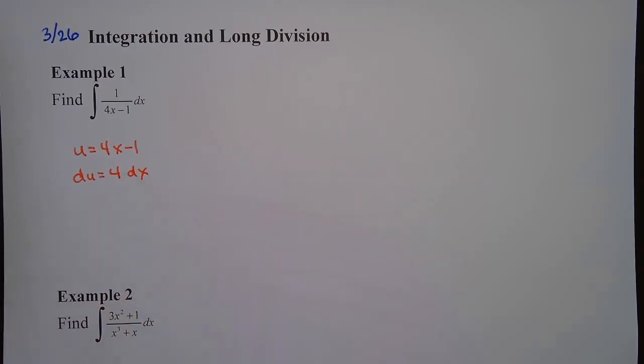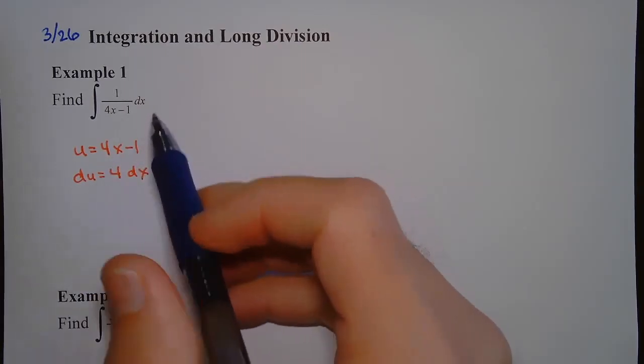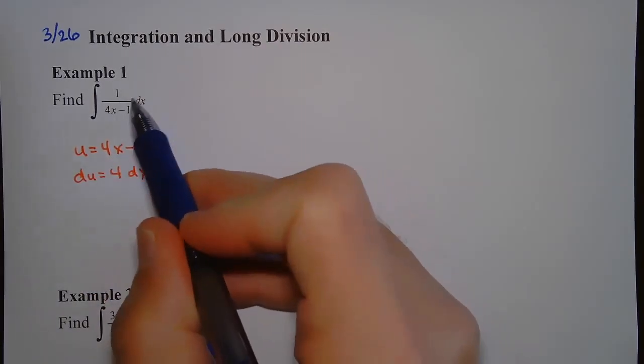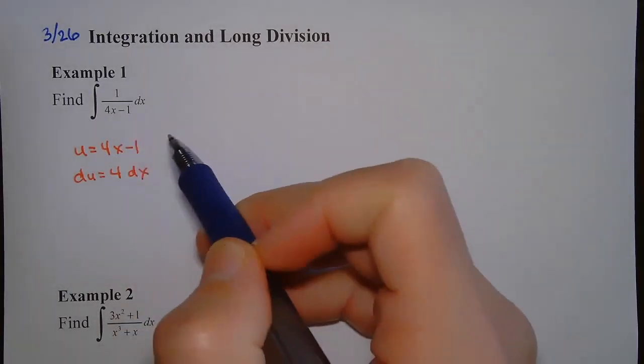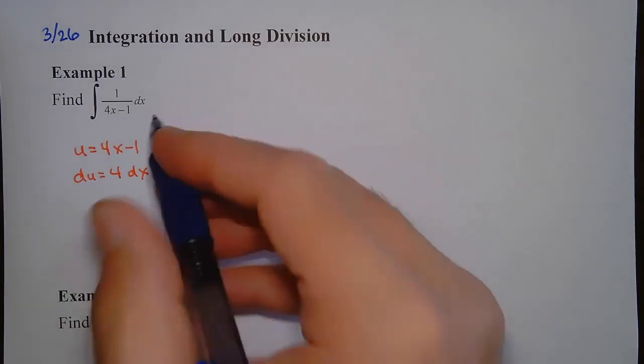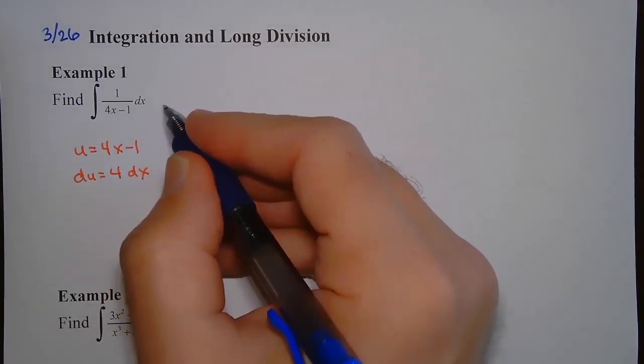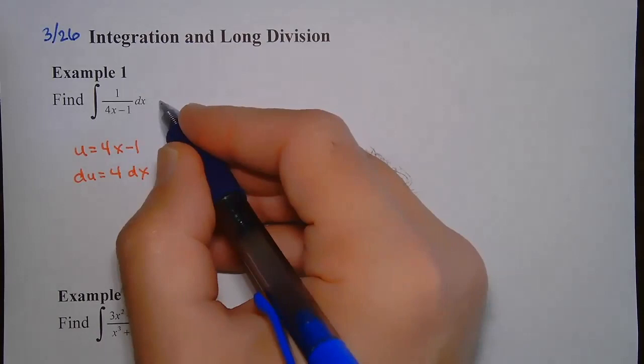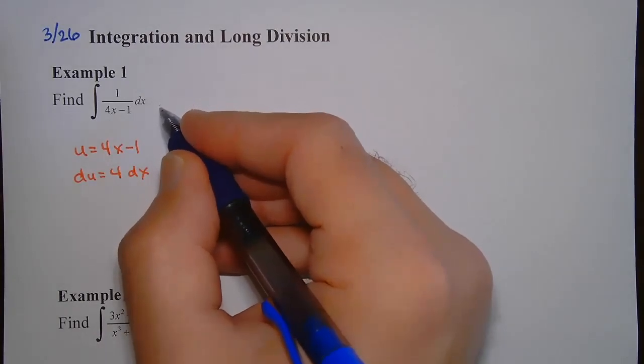So that's what we're going to make u. Now what we need is a 4 with the dx, because we don't have that right now. But from previous lessons, we can put it in as long as we rewrite it by multiplying by 4 and also 1/4. Again, you can only do this with constants.